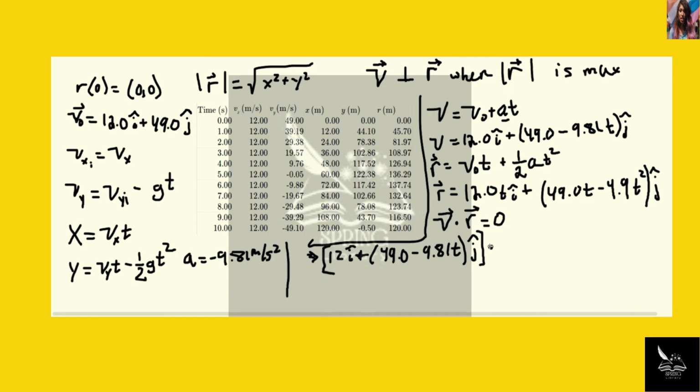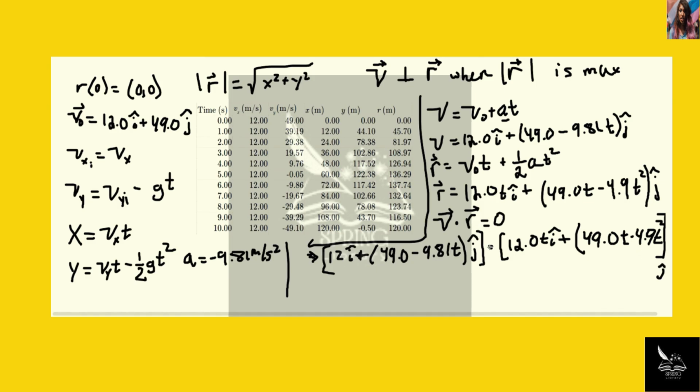We have this dotted with our radial vector, which we found here. Oof, really running out of space there. And this is, of course, in the j direction, this last guy.